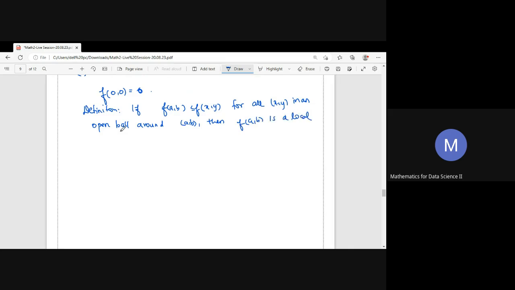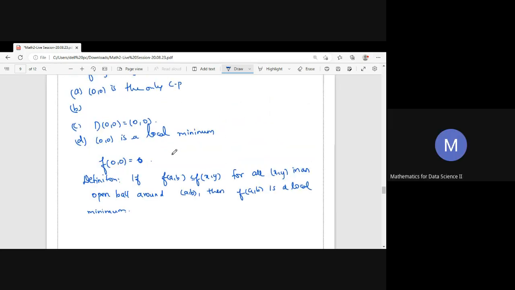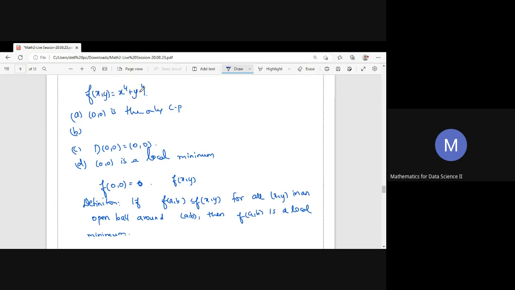I guess they are using this definition here because this function is a very obvious function. See what happens to the values of f of x comma y for any x comma y in this particular case? They are all strictly greater than 0, other than 0, 0. So take any vector which is not the origin.